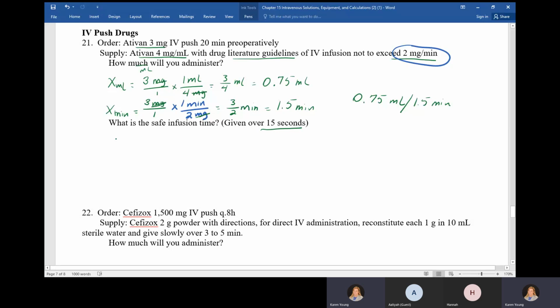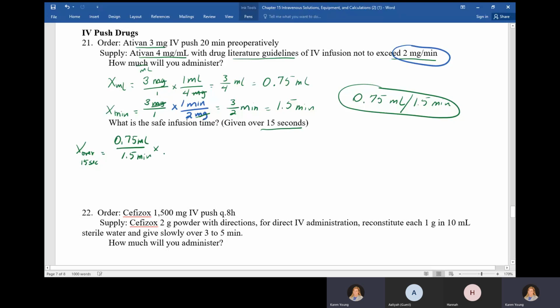So how we do this is we're looking for the number over 15 seconds. So I'm going to take the 0.75 milliliters over 1.5 minutes.